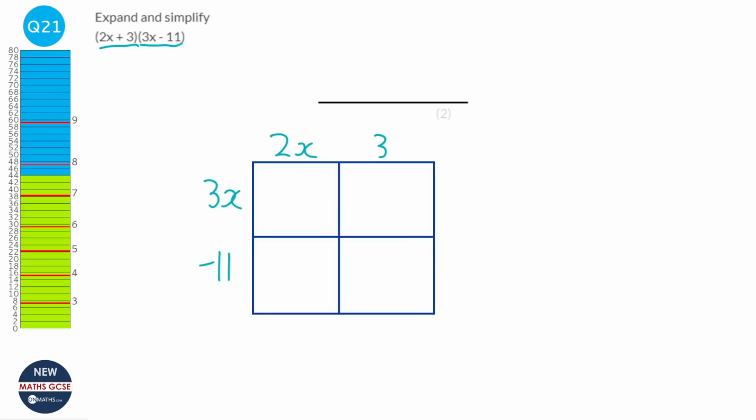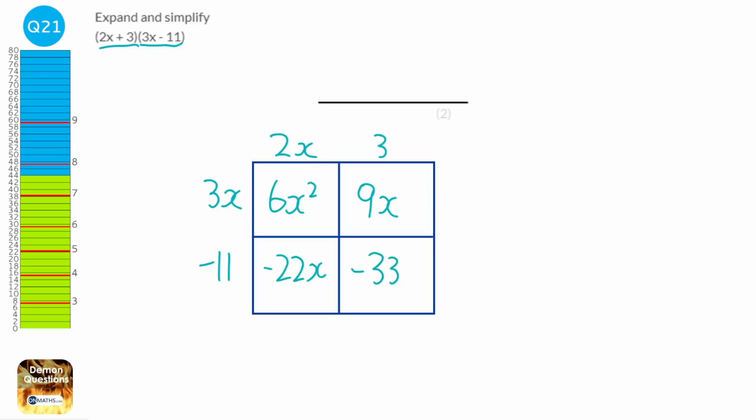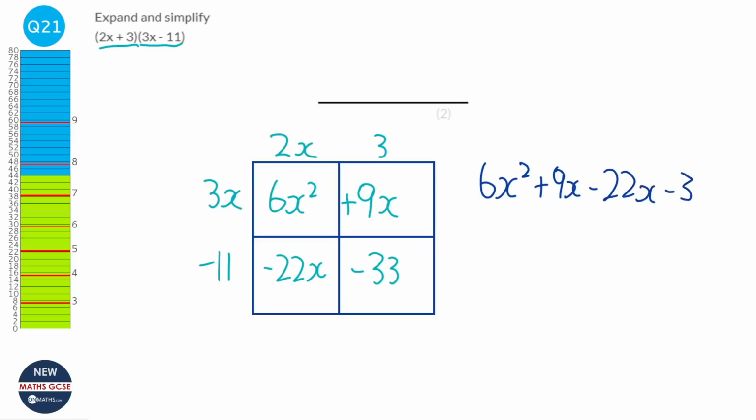Multiply them out: 3 times 2 is 6, so that'd be 6x squared. 3 times 3 is 9, so that'd be 9x. Minus 11 times positive 2 will be minus 22x, and then minus 11 times positive 3 will be minus 33. Get them all together, so we've got 6x squared plus 9x, because that is a positive, minus 22x minus 33.